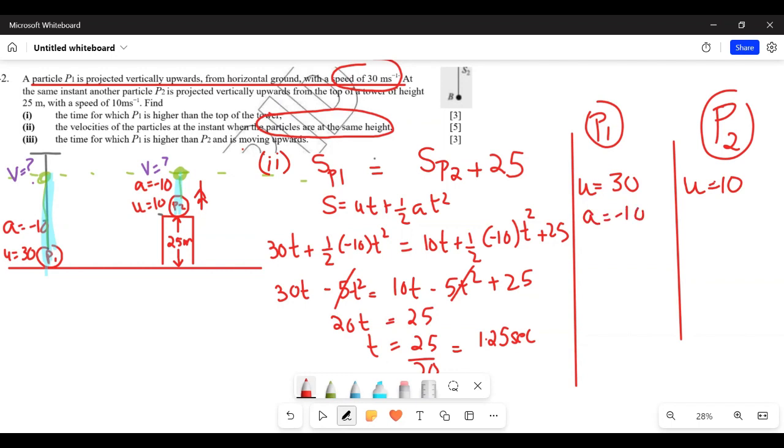Both the particles are moving upwards initially, so A is going to be minus 10 in both cases. We also know the time at which we have to find the velocities of both the particles. Time is 1.25 seconds when both the particles are at the same height, and you have to find their respective final velocities at this instant. So which equation of motion should we use here? The one that gives us V from U, A, and T.